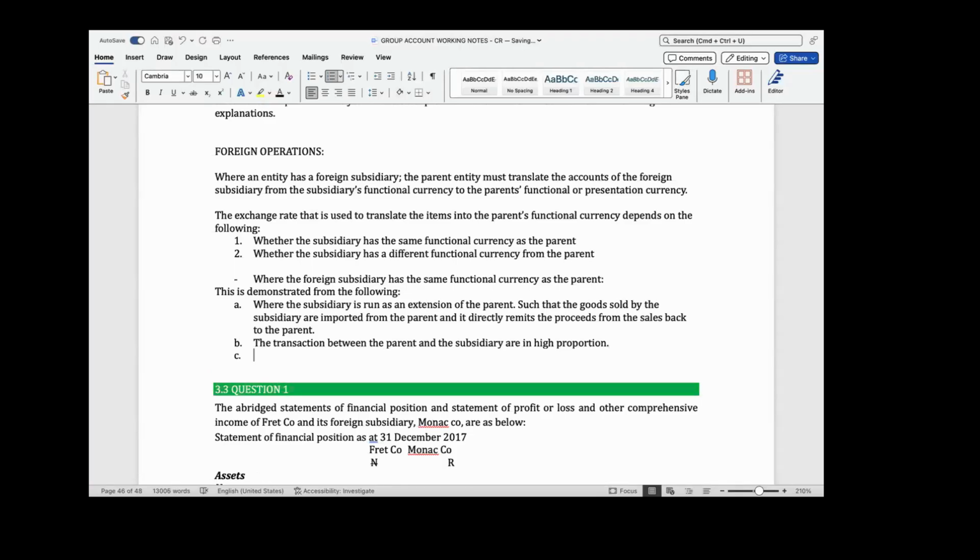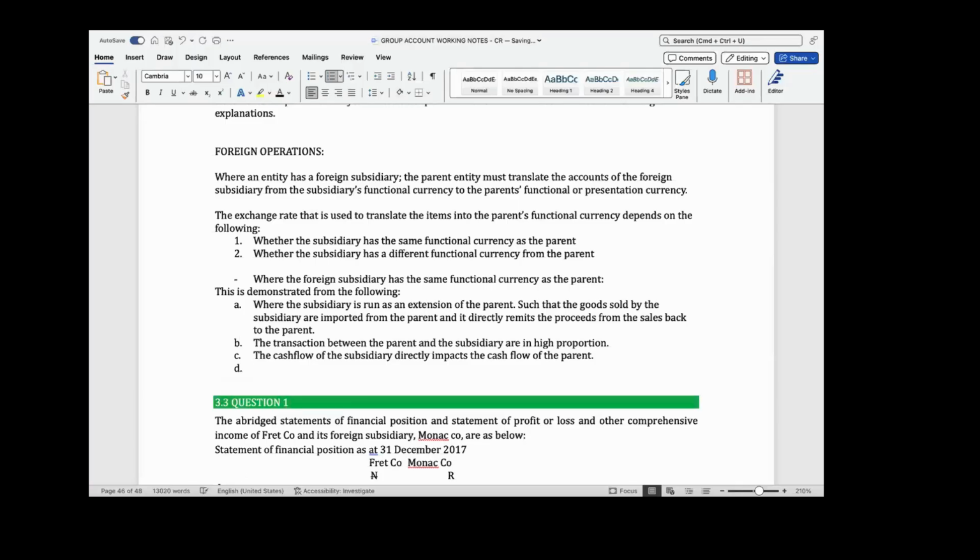Not only that, the cash flow of the subsidiary directly impacts the cash flow of the parent. So if it makes money, the parent will know, because all of its money is directly remitted to the parent. It doesn't accumulate cash. Any cash it makes, it sends to the parent.